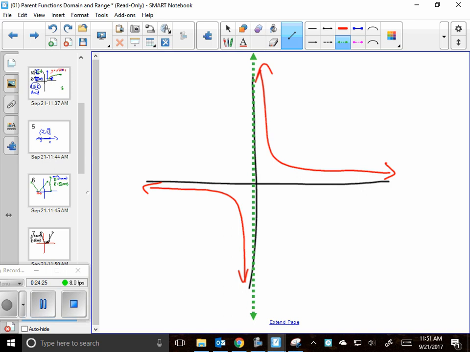As I go further down, it's going to get closer and closer to the green line, but it can never actually touch the green line. Here's the way I would think of that. Let's say you have a pool in your backyard, and you dump some red paint in it, and your water turns all red, right? And you drain it out, and then some of the red sticks to the side of the pool, right? Put in more water.